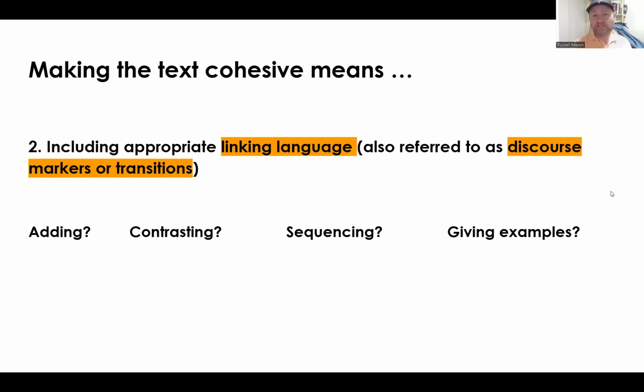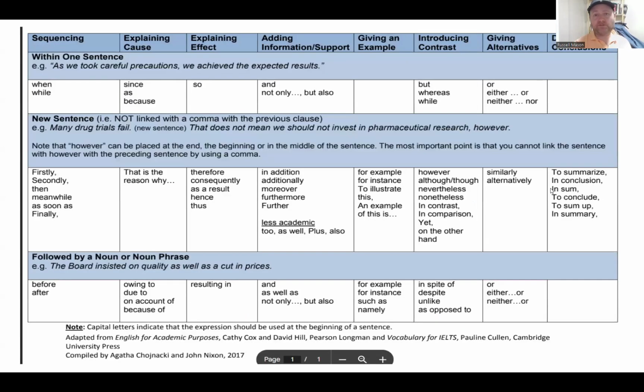Okay, let's move on to linking language and transitions. So we will look at some basic examples like adding, contrasting, sequencing, and giving examples. So it depends on what you're doing. This is a table that will give you the full range of discourse markers that you can use. So if you're sequencing, which is very common, we use words like firstly, secondly, or meanwhile.